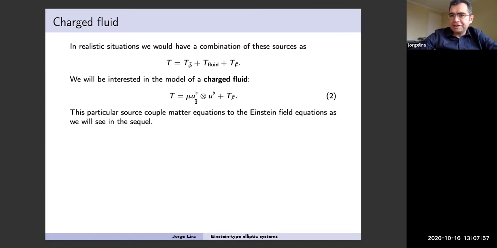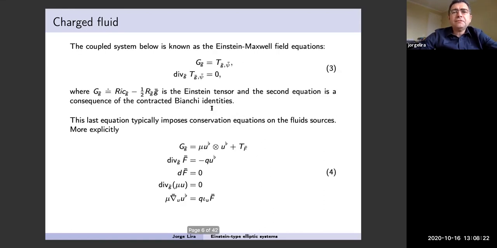So the fluid has a density of mass, so let mu be the mass density of this fluid, but this fluid is charged. Each particle has some charge, so there is some field generated by this distribution of mass in that universe. That's the geometric physical scenario we're considering here.